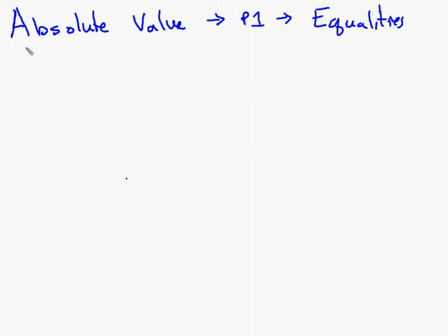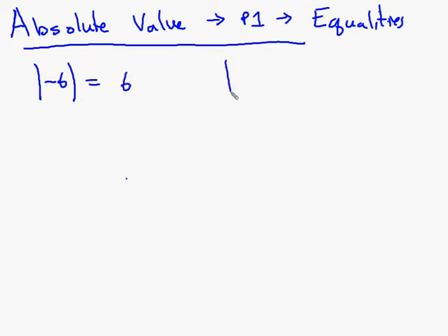Okay, so as we start this section, let's recall what absolute value means. If I do the absolute value of -6, I will get 6, and if I do the absolute value of 6, I get 6. So let's just use that to connect to this idea.